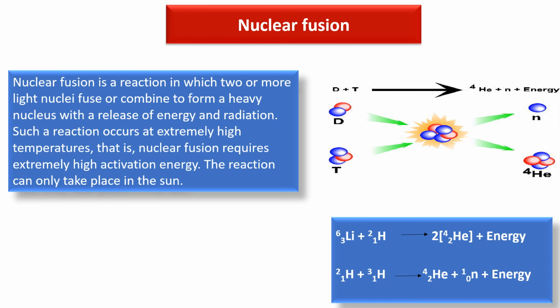So when two light nuclei combine together to form a heavy one, such reaction is called nuclear fusion. That is the combination of two different atoms or more with small nuclei to form a heavy one.